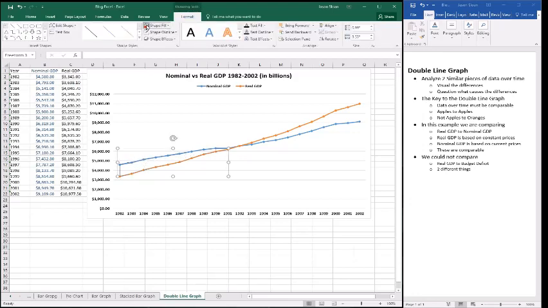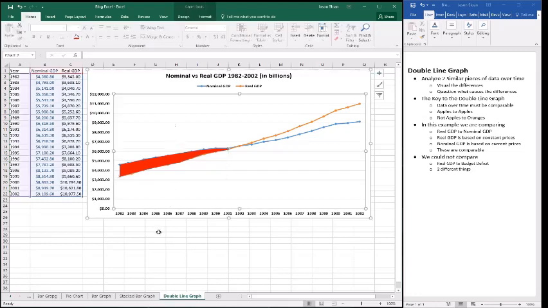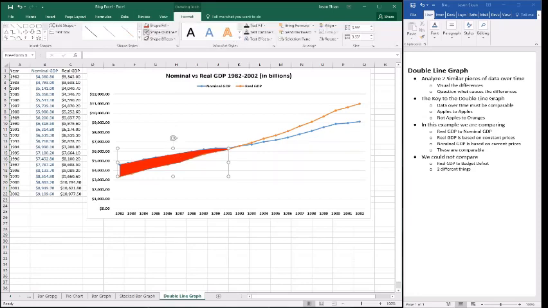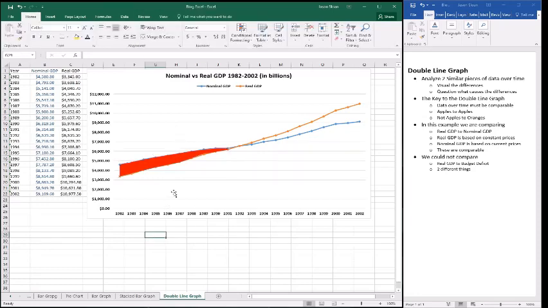Shape fill. So what I can do here is I can say, for example, this area here in red is inflation.